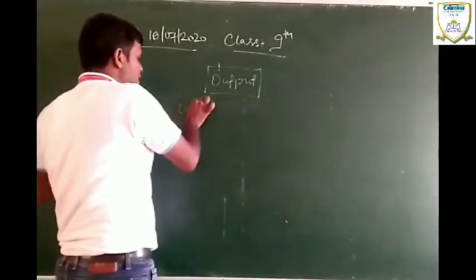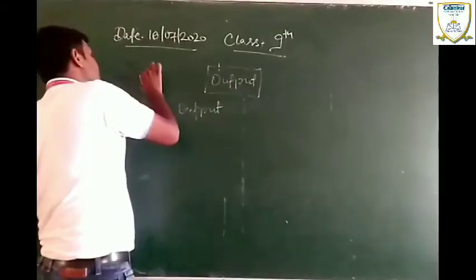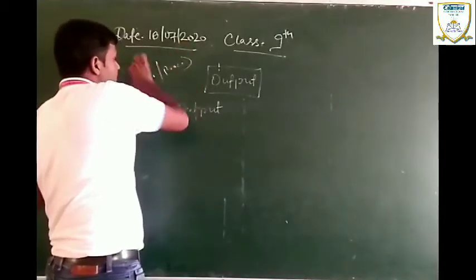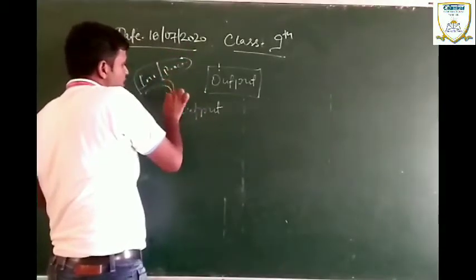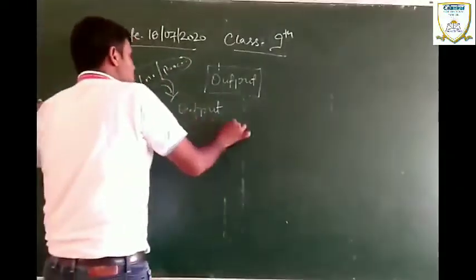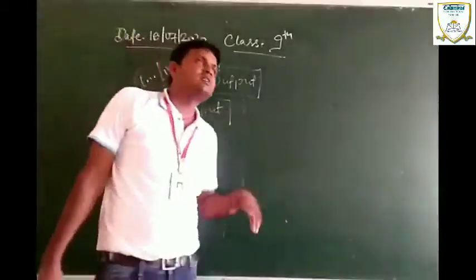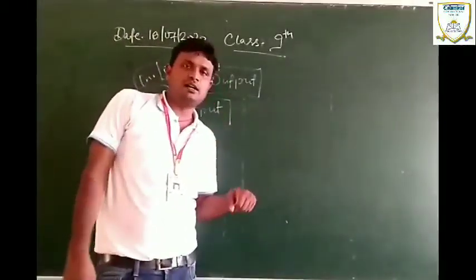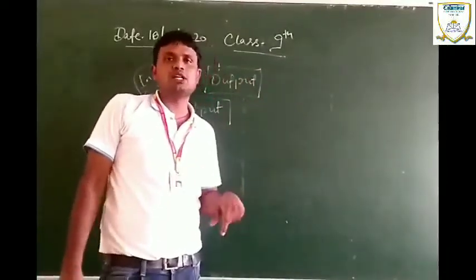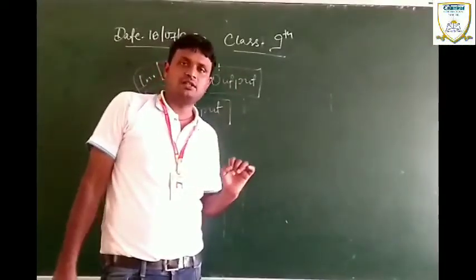Output means what? When the input process is complete, the records are shown, meaning results are visible on the output. It means the output receives the results from the central processing unit to show to the user.